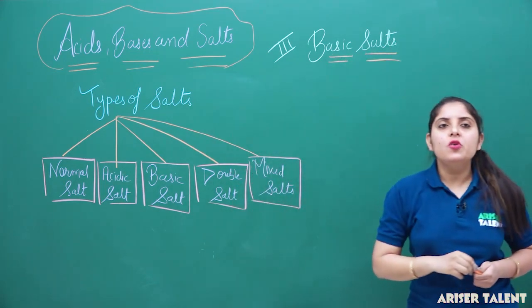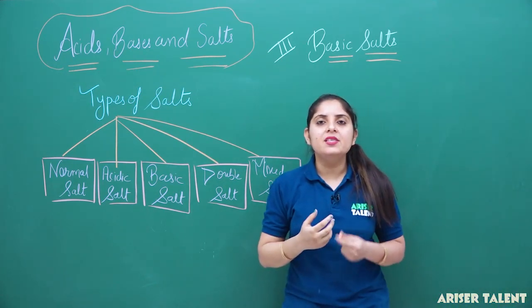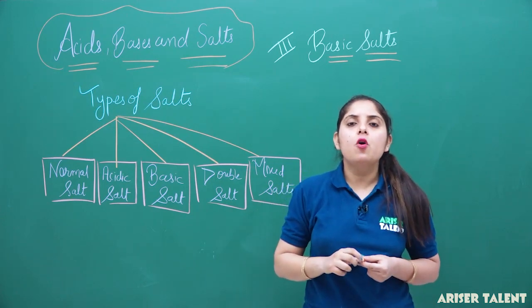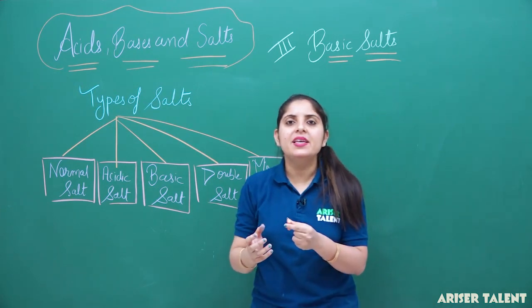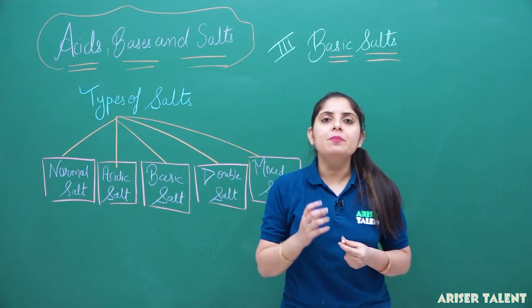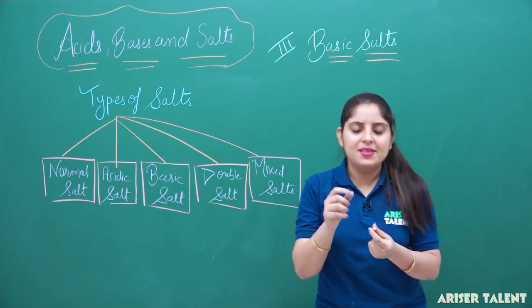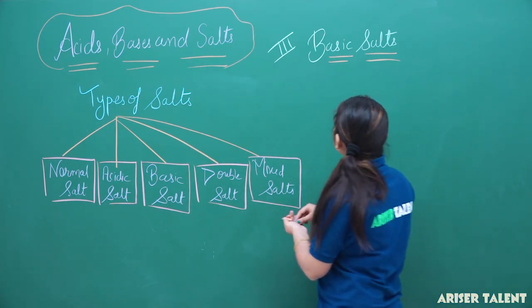Basic salt. As the name indicates, the salt which has the tendency to replace OH minus ions of a dibasic or tribasic acid by an acid is known as the basic salt. It means in the basic salt there will be the replacement of the OH minus ion. So what will be its definition?